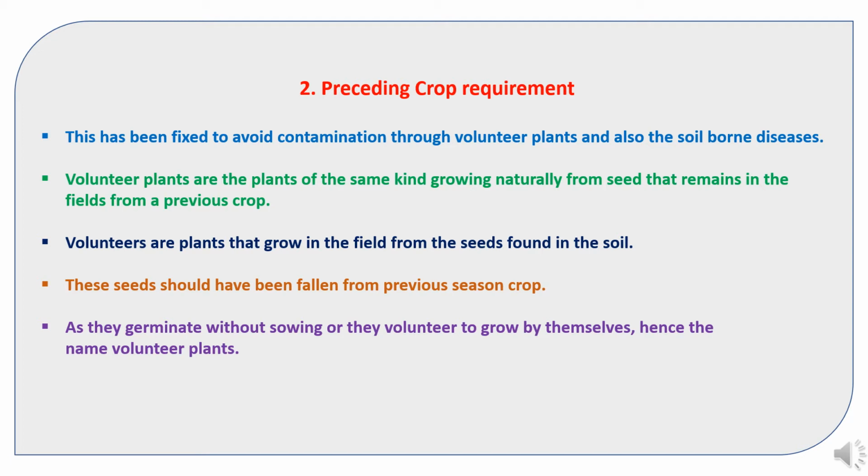Volunteer plants are plants that grow in the fields from the seeds found in the soil for the same crops from the previous season. These seeds would have fallen from the previous crop, and as they germinate without sowing, or volunteer to grow by themselves, the name volunteer plants is given, and these volunteer plants should be rogued out timely from the seed field.